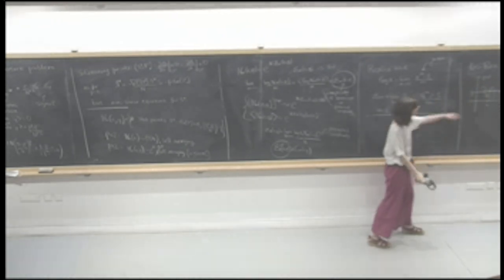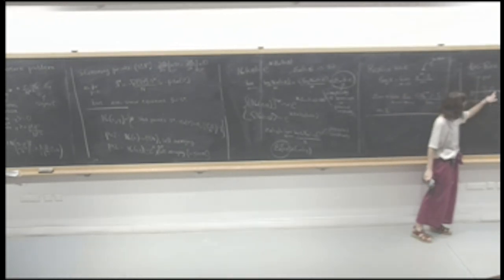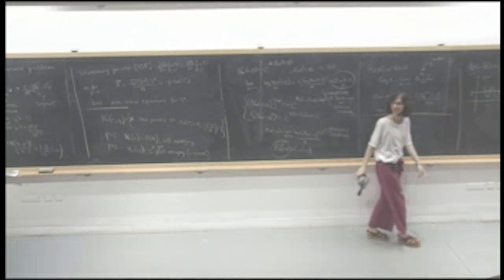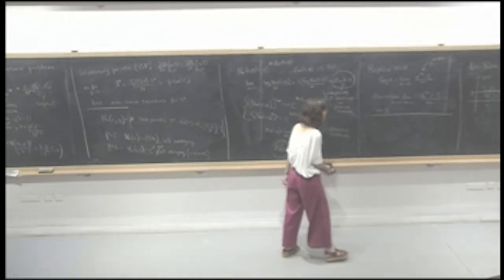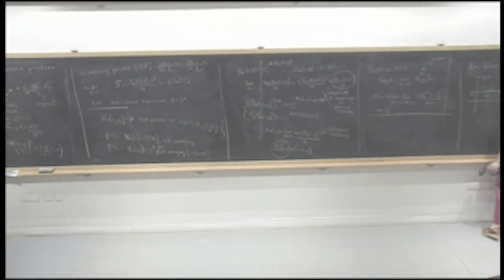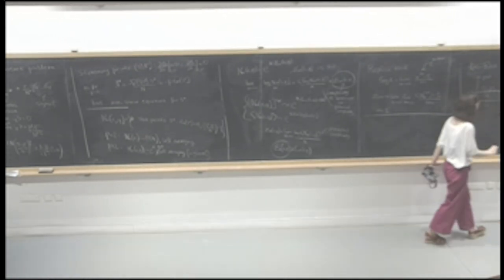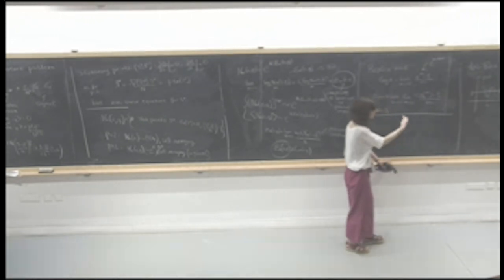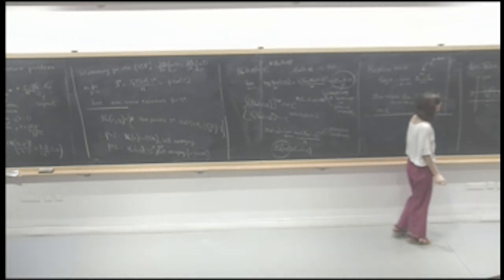So in this example, I fix my y, and I see that I have 4 points which satisfy my condition. Now let me call n of y the number of solutions, so of points x such that f of x is equal to y.